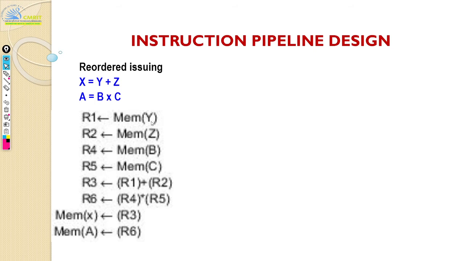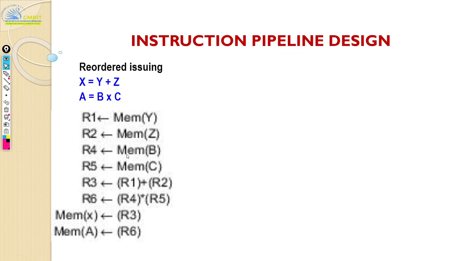First you read memory, you're going to load the values of y and z, and then you're also going to load the values b and c. You're not going to do the addition here, but rather you're going to do the second section's loading here itself, because there is no dependency between them. Why wait? Why should the adder wait?